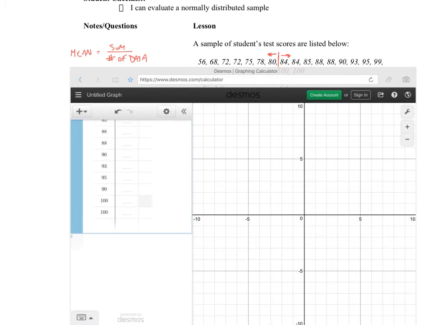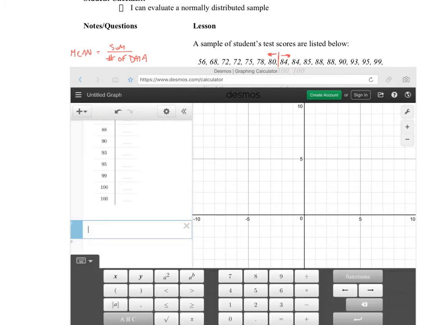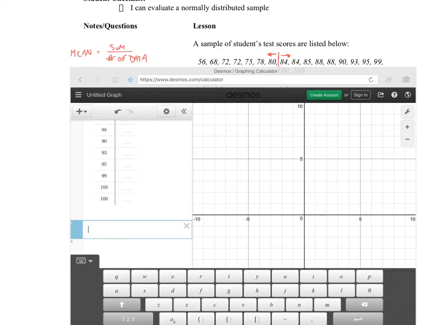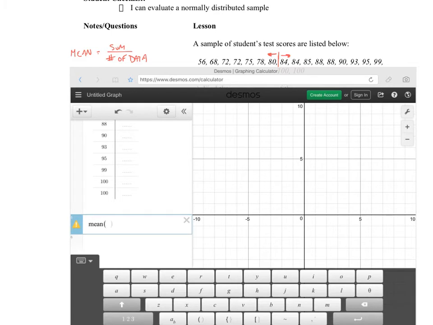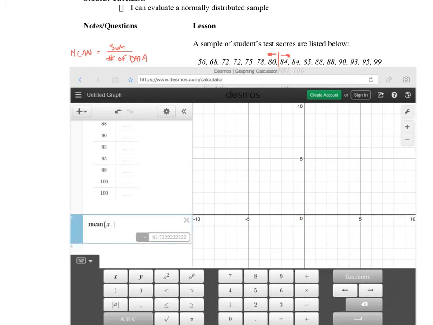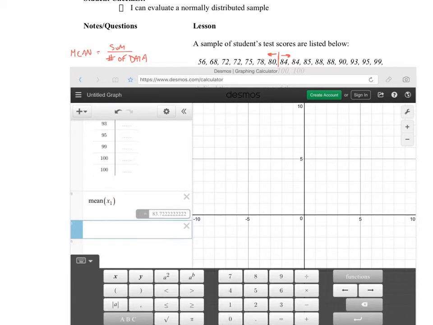And actually, this is a fast way to calculate anything that's statistical in Desmos. We don't have to go through and add numbers. Like I could find the mean of this by just typing mean and putting in parentheses X1, and it'll tell me there's the mean, right? It just calculated all that for me. So there are fast ways to do this.